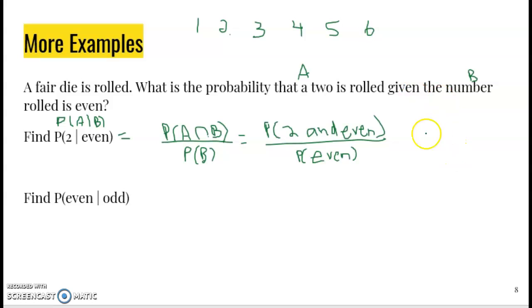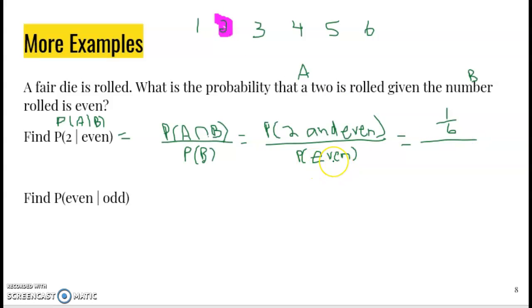I have 6 outcomes, so my ratio on top is going to be out of 6. The probability that you get a 2 and it's even is just one of those chances, 1 out of 6. The only place that can happen is when it's a 2 and even. It happens one time out of 6.